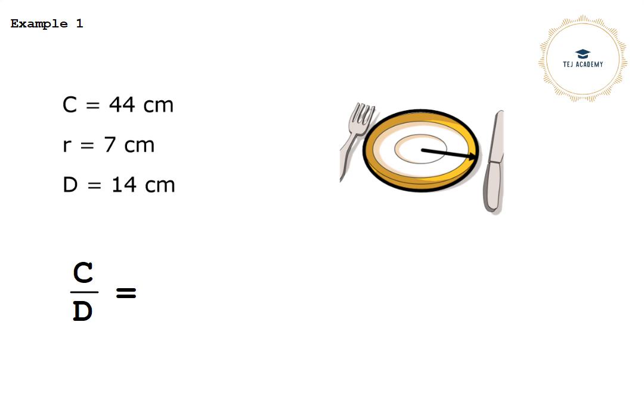Here is example 1. In example 1, we have a dish with circumference as 44 centimeter, radius 7 centimeter, and obviously diameter will be twice the radius, that is 14 centimeter. Now we will find the ratio of circumference to diameter of this particular dish, that is C upon D, equal to 44 upon 14.